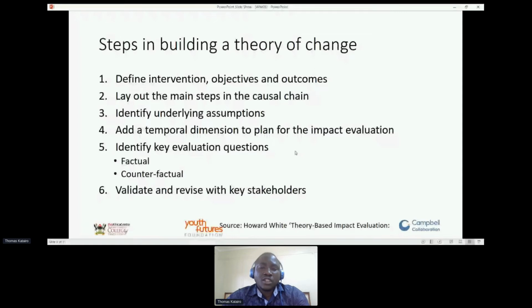But when they talked to stakeholders, they realized that their main aim wasn't to make students go to school. Actually, it was to depopulate some of these schools. So sometimes you need to talk to the stakeholders to make sure that your theory of change, especially your interventions, are in line with their thoughts.